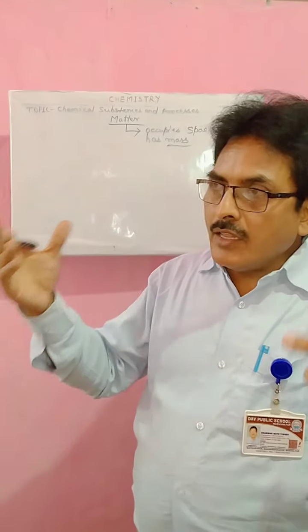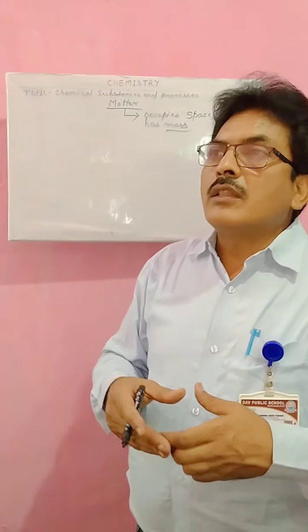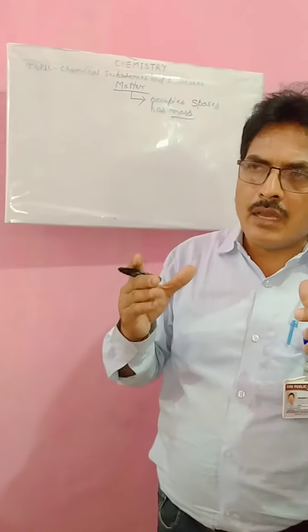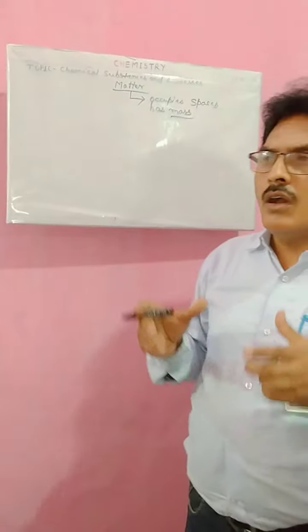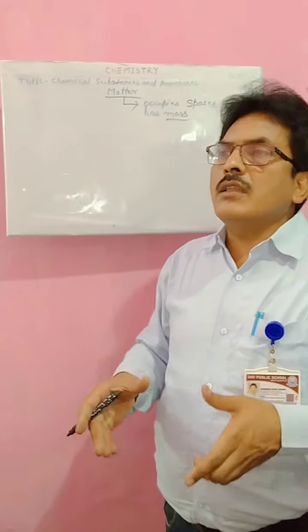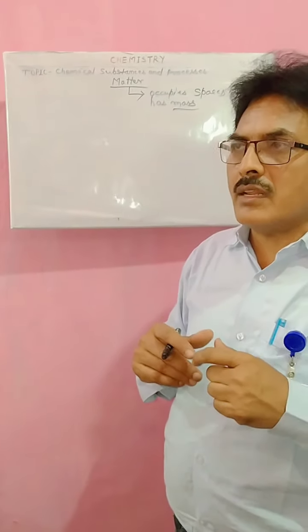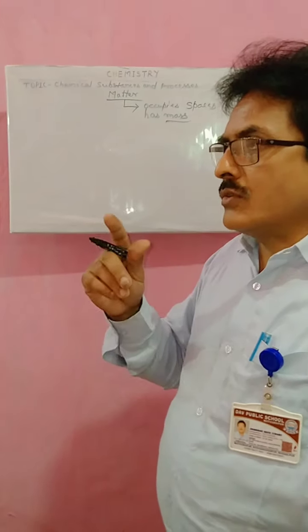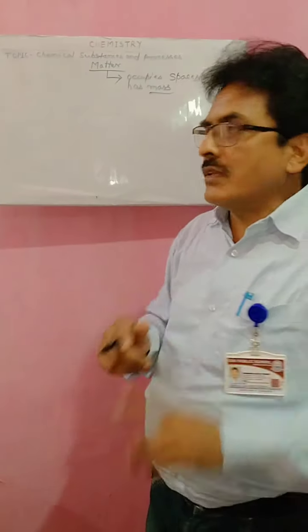So if a wide range of things is available, there is a need for classification to do better study in any area. So matter can be classified on two bases, called the physical basis and the chemical basis.